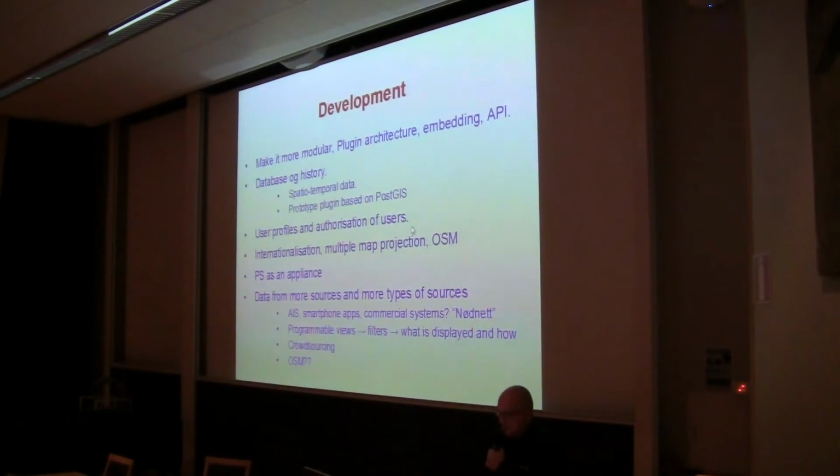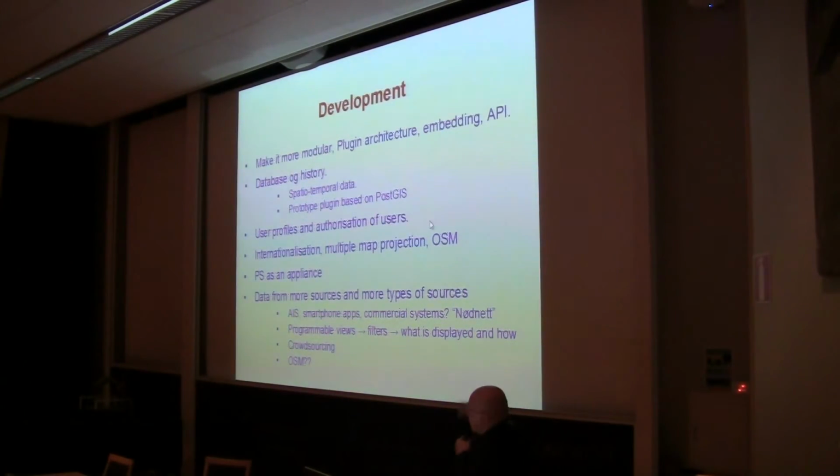There are lots of ideas here for how to develop this further. This is work in progress. You can maybe look at this yourselves and see if it's interesting. For example, I'm working on a spatial temporal database based on PostGIS to be able to search what's been happening in the past. Being able to embed this application in other applications can be interesting.